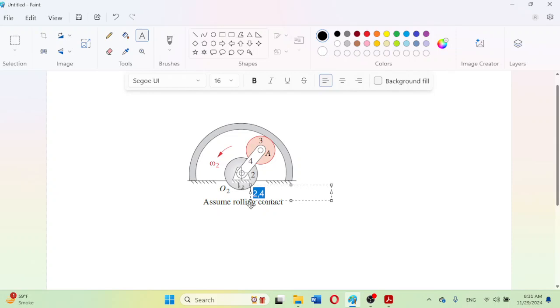So here just like this, for example, just to make it nearly a subscript like this.